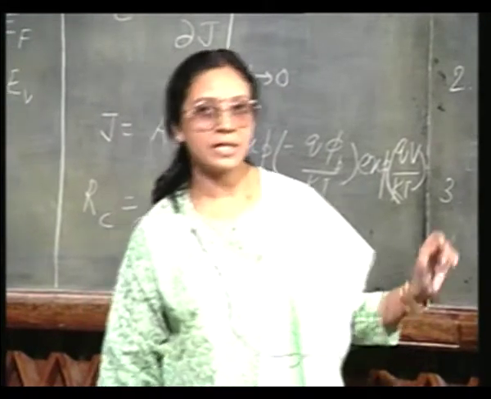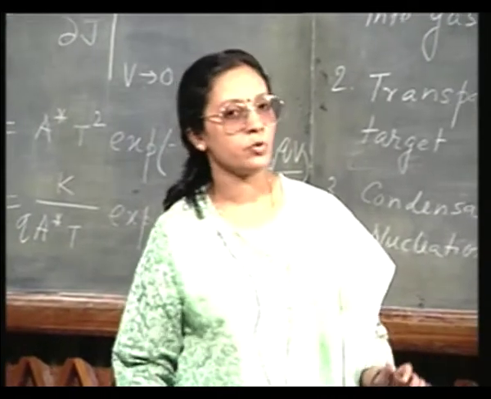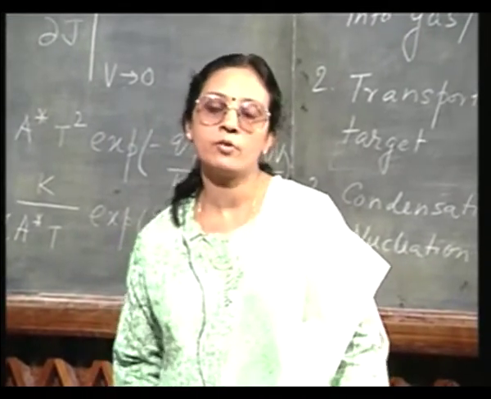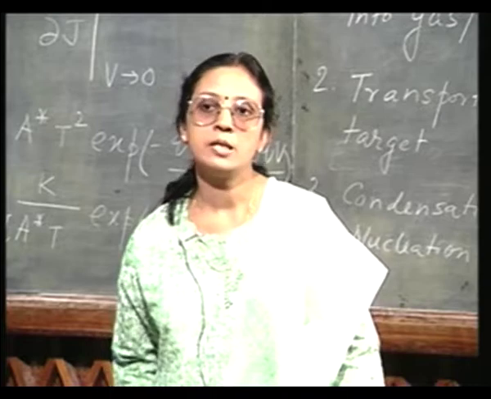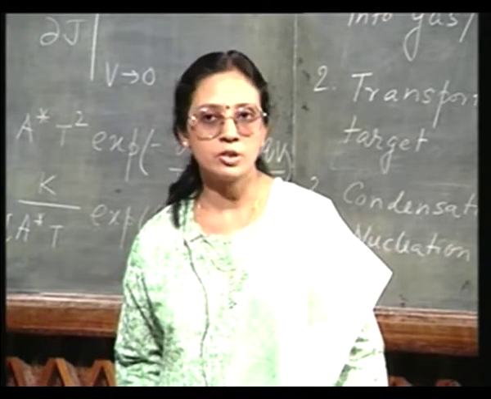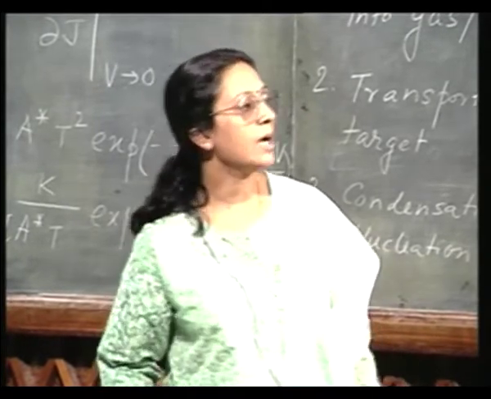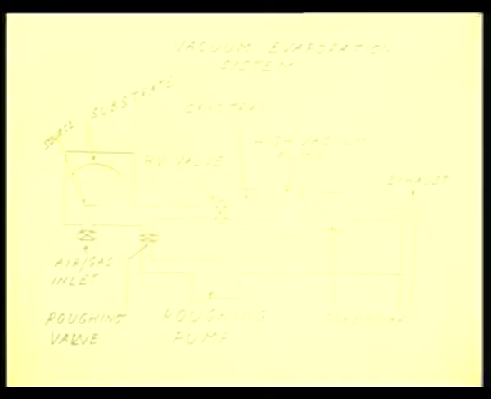So, mostly for metal deposition, the most common technique is the vacuum evaporation technique. I have a schematic diagram of a vacuum evaporation system here. First of all, what we have is a chamber.